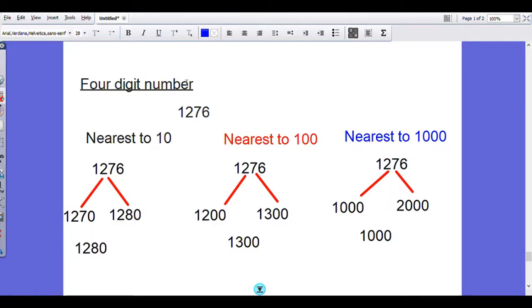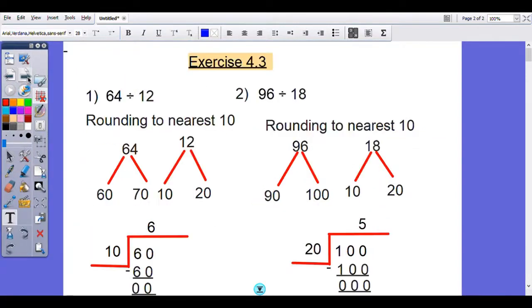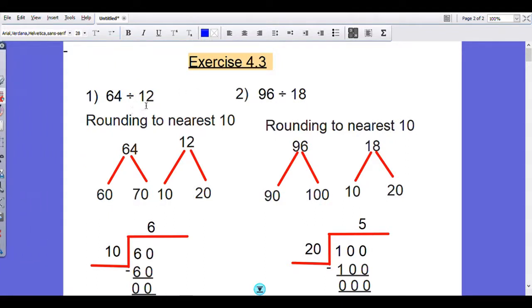Okay student. Now see, exercise 4.3. Here the question does not mention whether to round to 10, 100 or whatever. The first question is 64 divided by 12, with only one possibility, two digits, that means rounding to the nearest 10. 64 is in between 60 and 70, so nearest is 60.